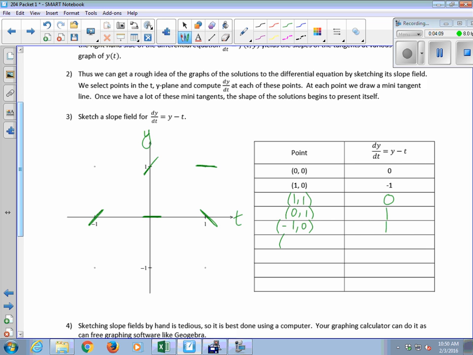At (0, -1), negative 1 minus 0 is negative 1, so I have a slope of negative 1 here. And then (-1, 1), this point right here. 1 minus negative 1 is 2, so that one's going to be steeper than anything I've drawn so far.